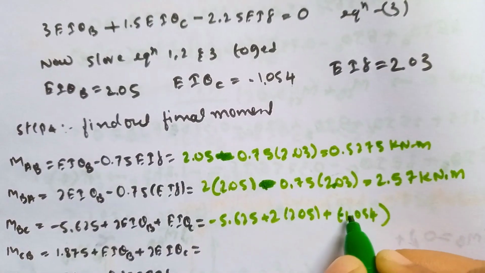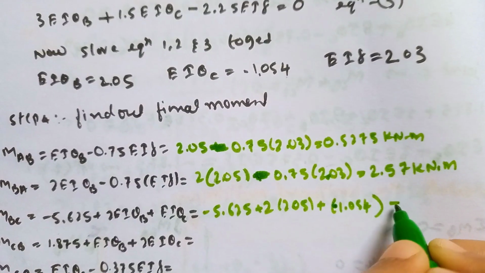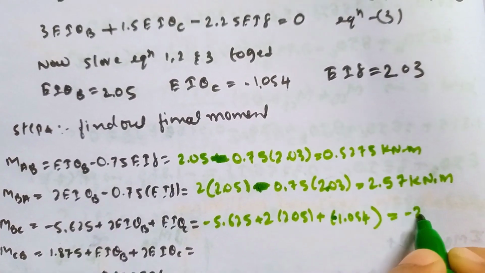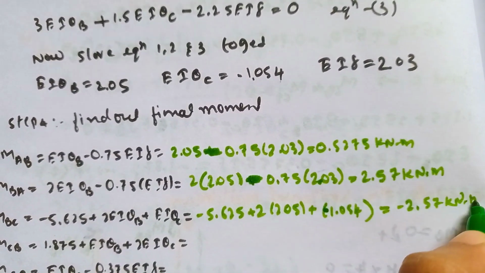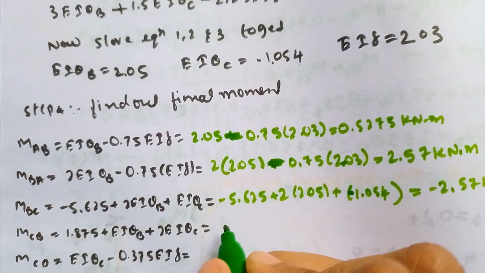So simplify it, it will come out as MBC is equal to minus 2.57 kilonewton meter.